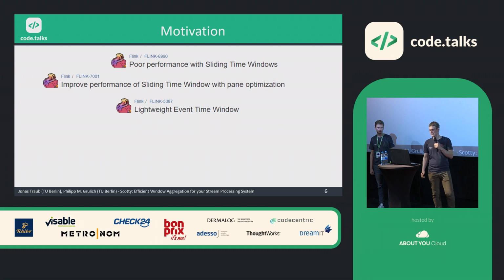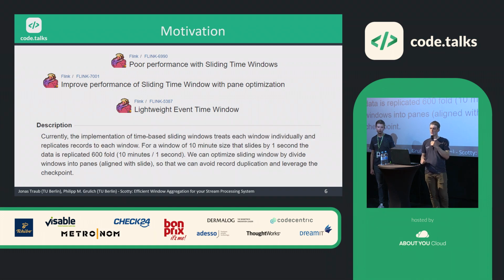There we had things like poor performance with sliding windows, or people asking to improve sliding window performance. In the description of one of those requests, we can understand the problem, because someone wanted to compute a window of 10 minutes which slides by 1 second. So every second there should be an aggregate for the last 10 minutes.